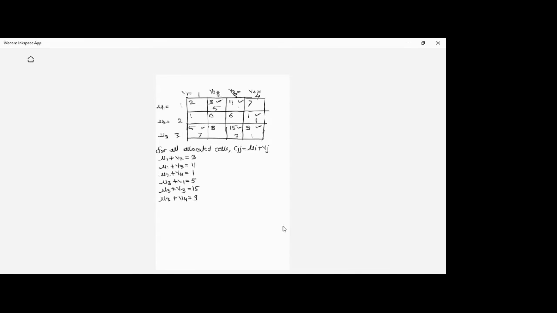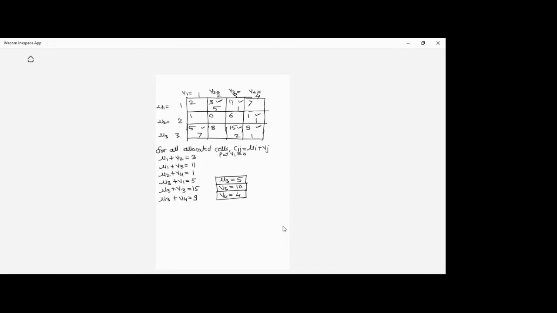Same thing, put V1 equal to 0. Then I can find the value of U3 as 5. When U3 is 5, I can get V3 as 10, and V4 as 4. The same obtained values we put upward.